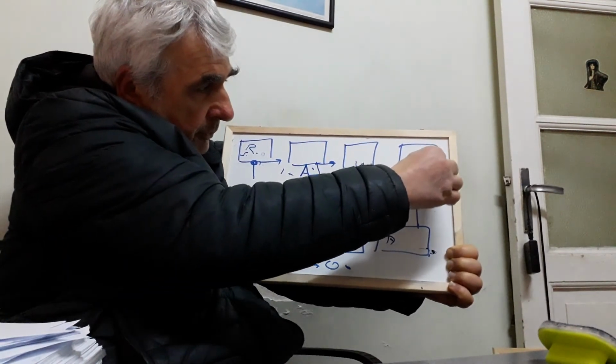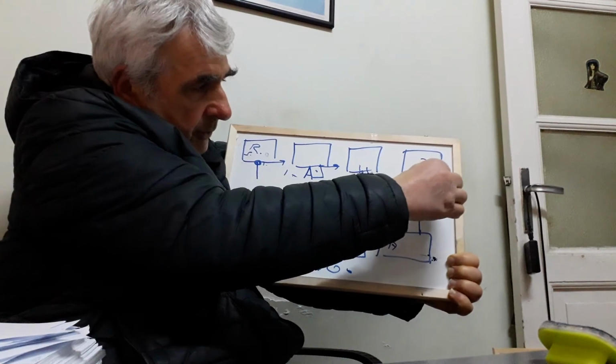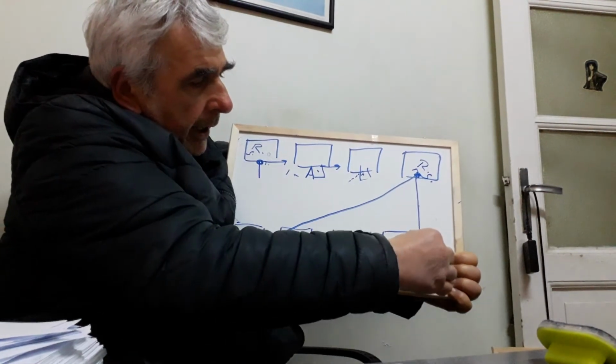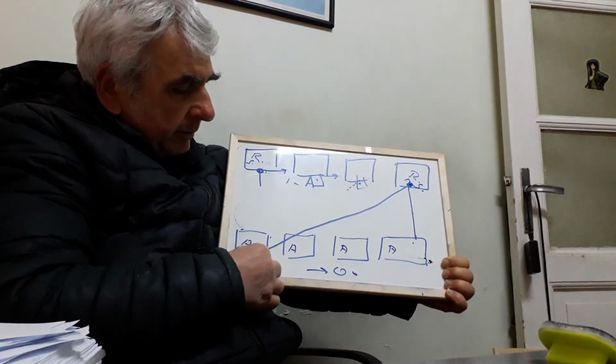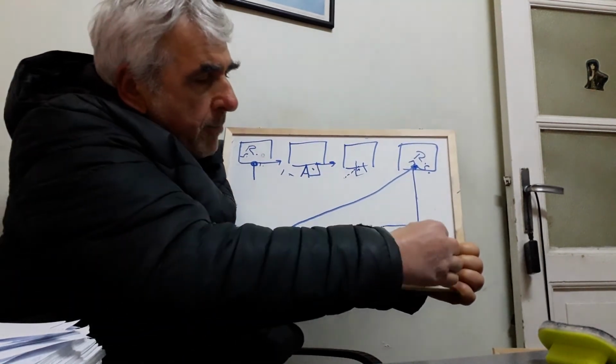From the source, the reflector source, to A and to C, light arrives at the same moment.